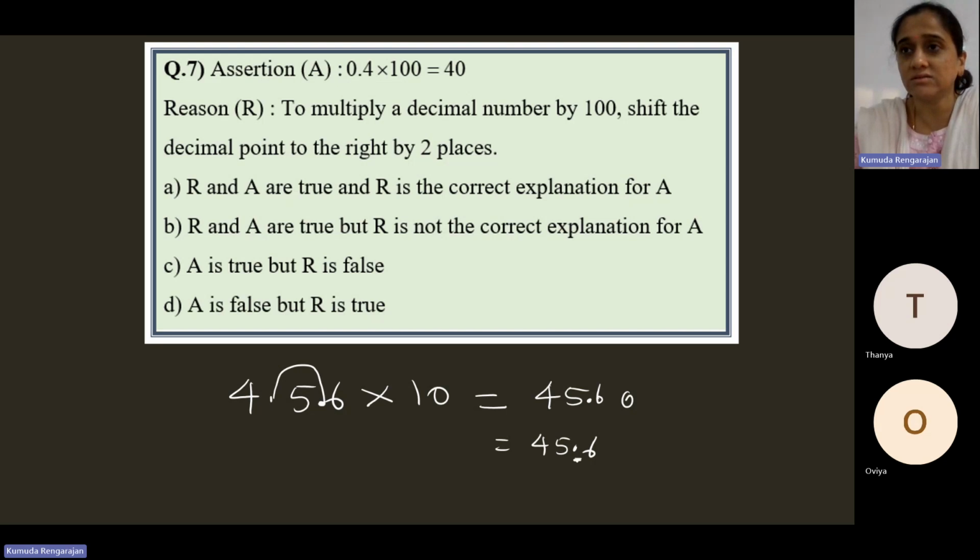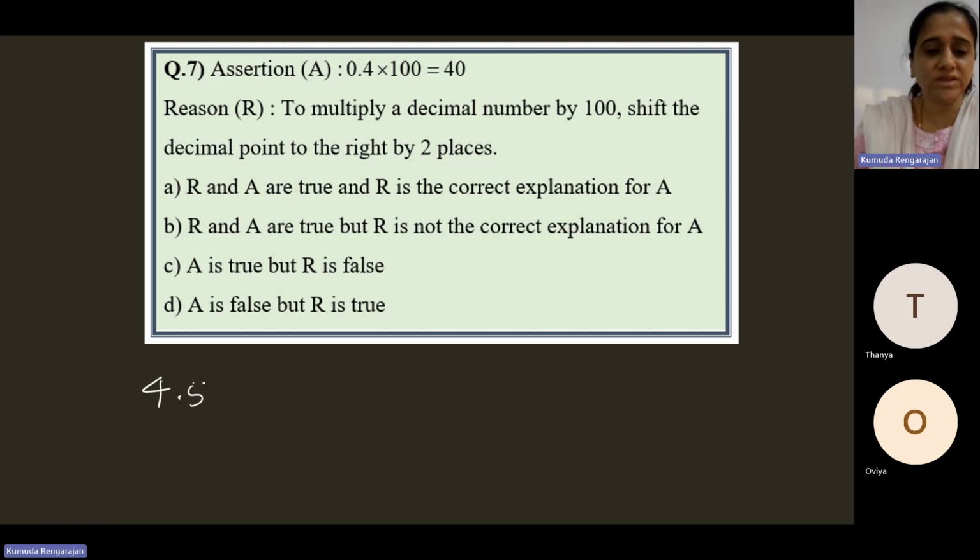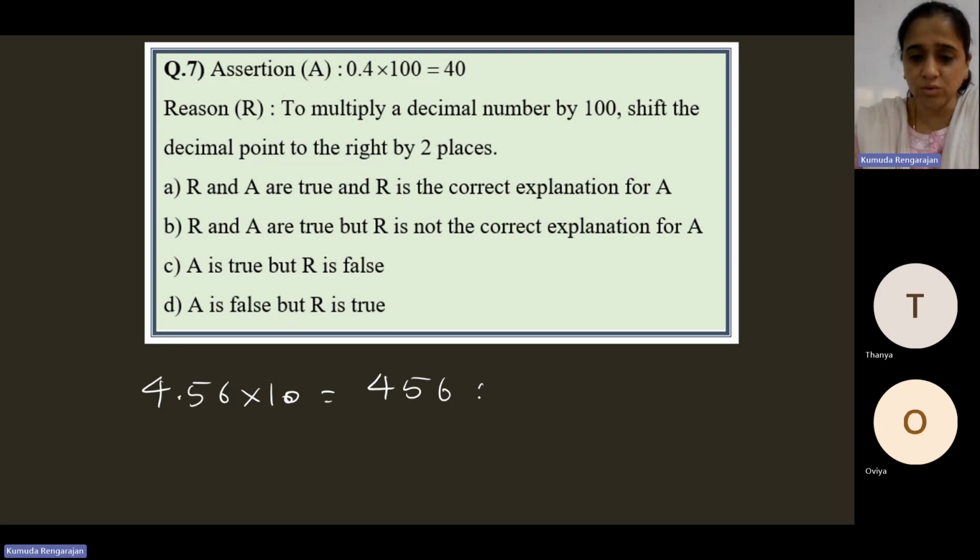See the answer here. 4.56 into 10. You said the answer is 4560, and then you said we'll have to place a decimal point here, which is nothing but 45.6.